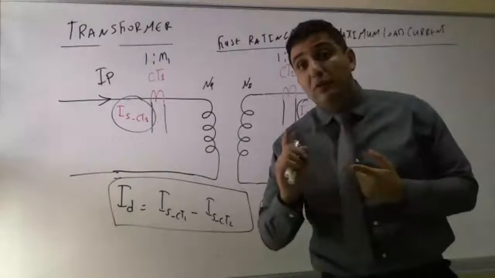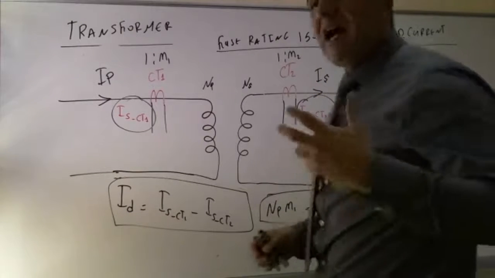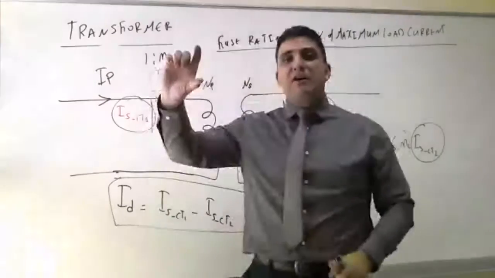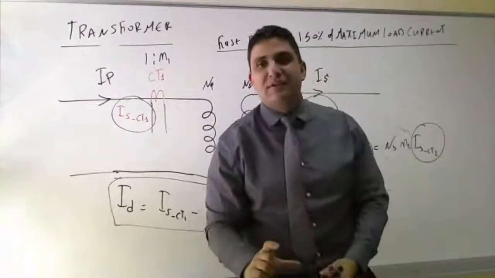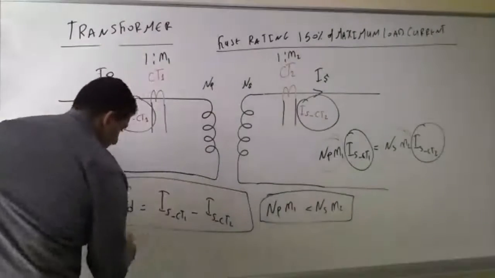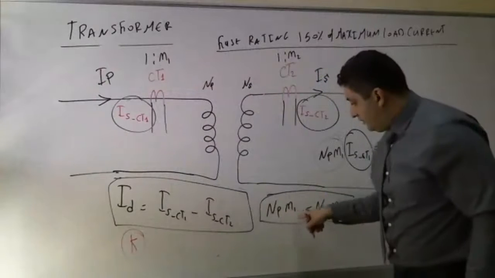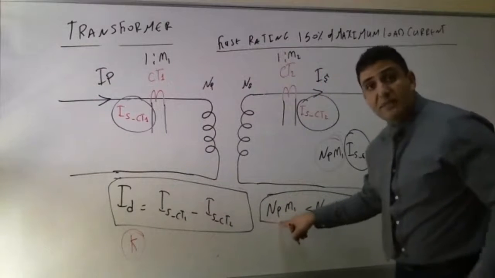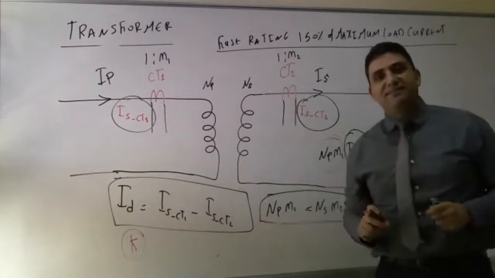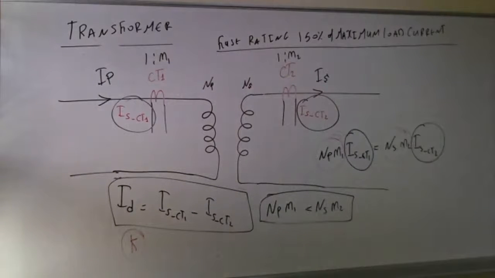The second error is your CT error, and you have the under-load tap changer, which we will explain at a later stage, and the margin error for the relay. All of it is known in your book as the K factor. The K factor includes ratio mismatch error, CT error, under-load tap changer error, and a margin error. That's what they know as the error factor K.